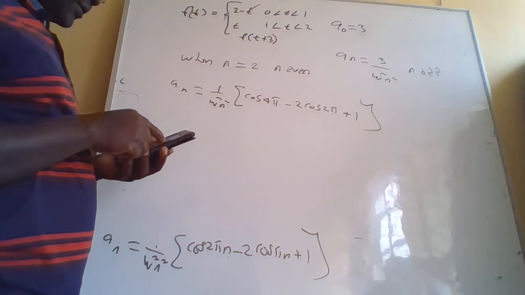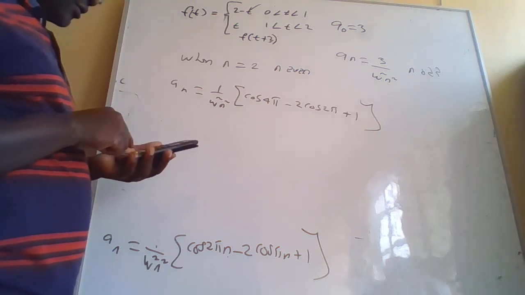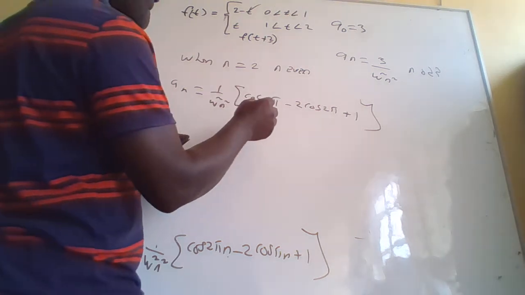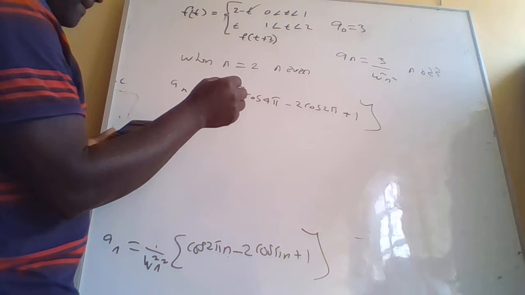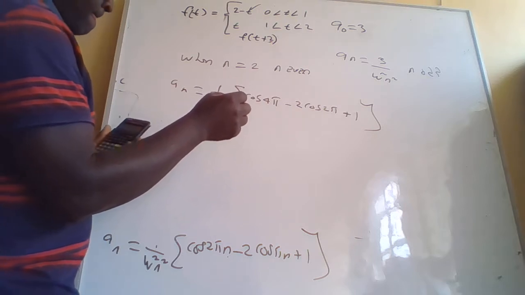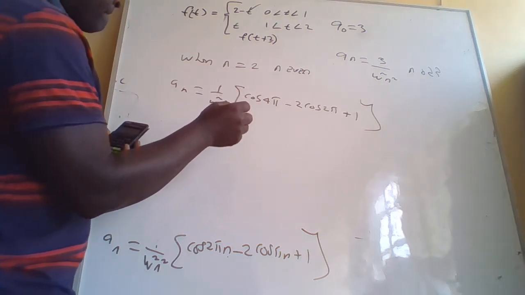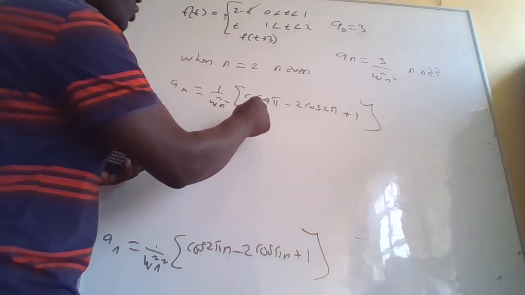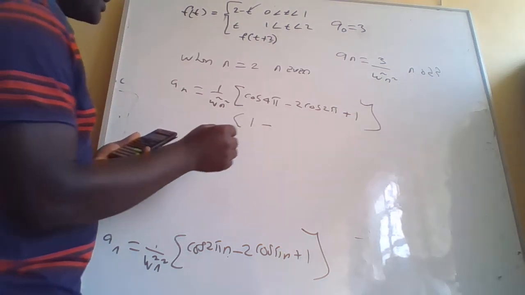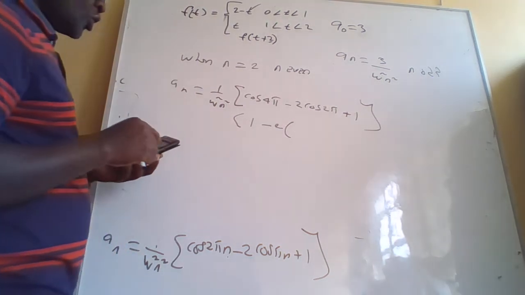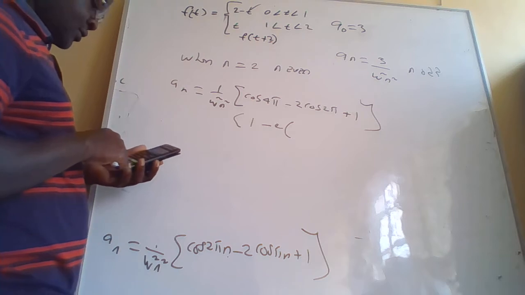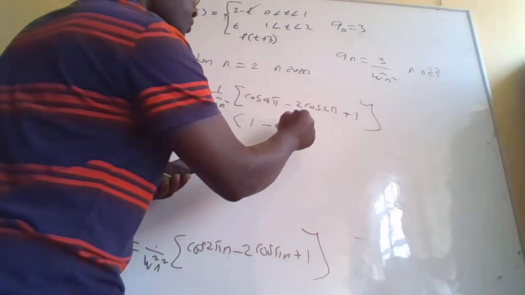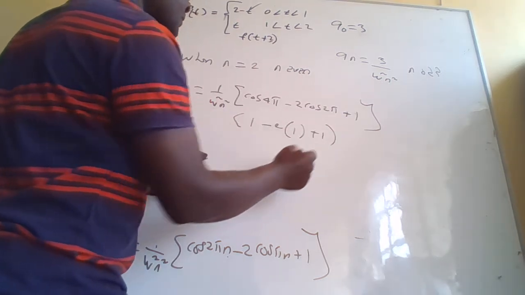Cos 4 pi equals 1, minus 2 into cos 2 pi, this is 1, and plus 1.